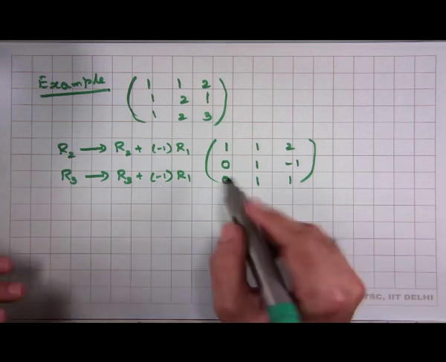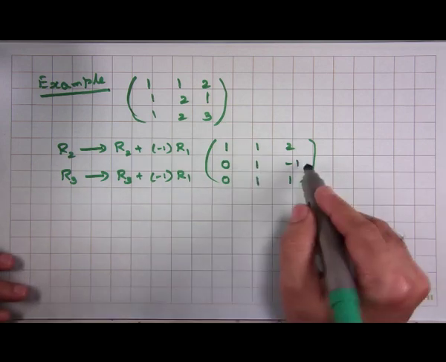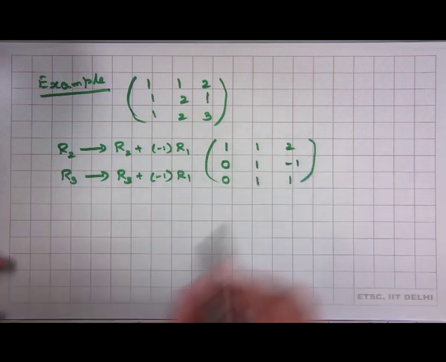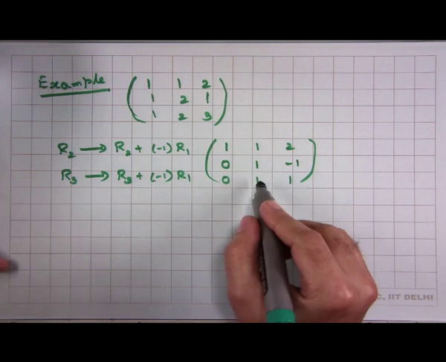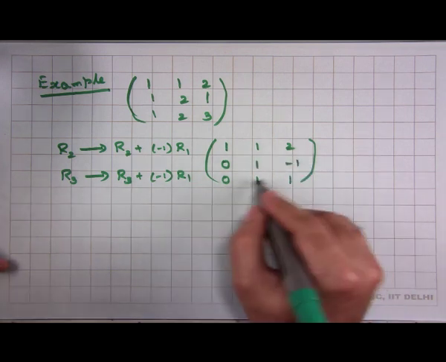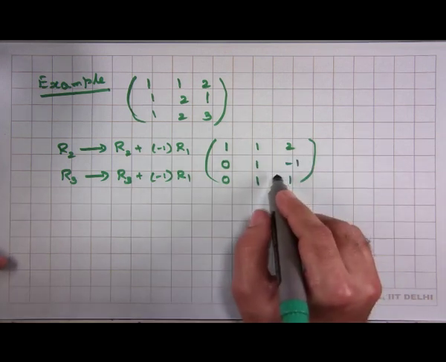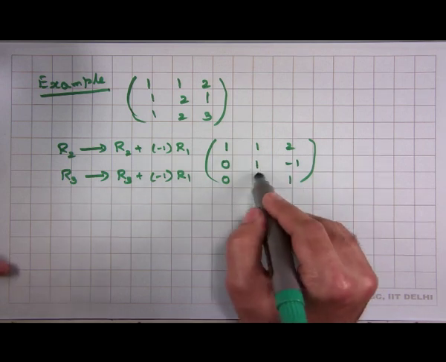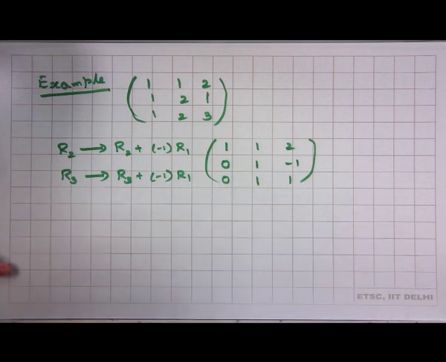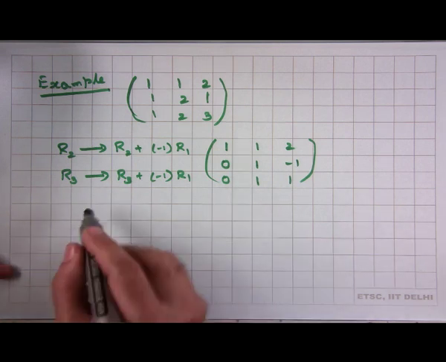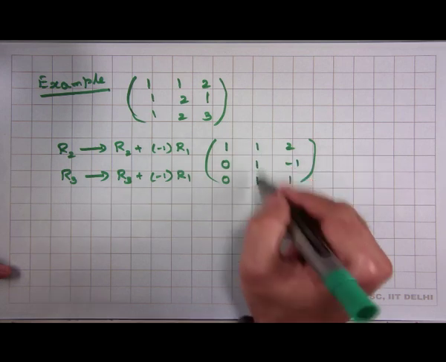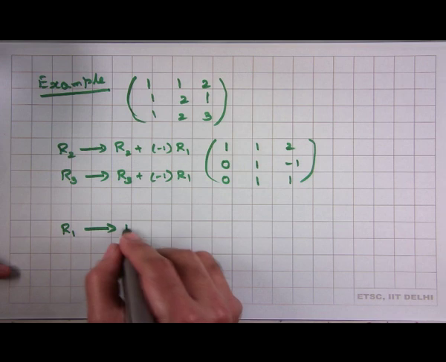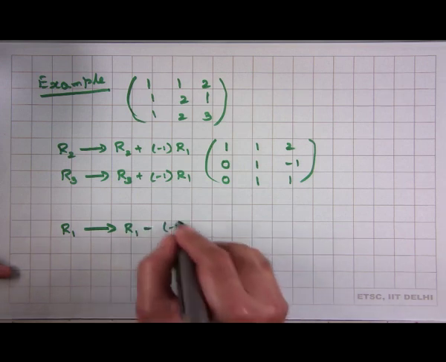Now, what do you do? You look at this submatrix 1 minus 1, 1 1, and then do the same operations. You do not have any zero rows, and you will have to look at the first non-zero column which is this, and the first non-zero coefficient is this one which is again 1. So, let us not bother. So, we will have to convert the other things. So, what will I do? Replace R1 by R1 minus minus 1 times R2.